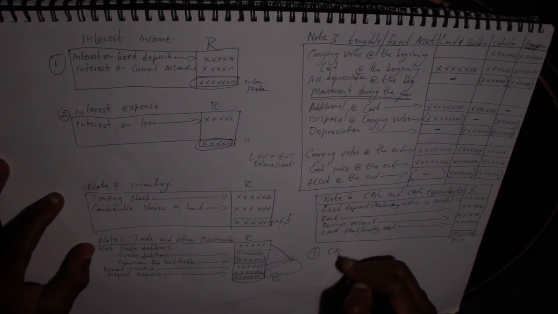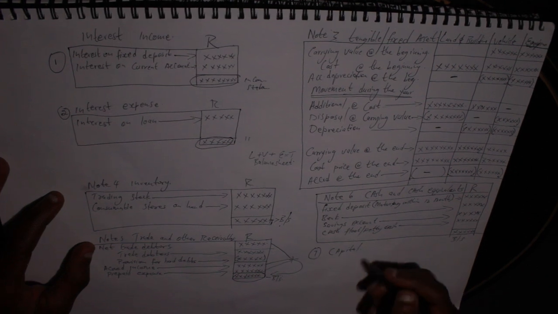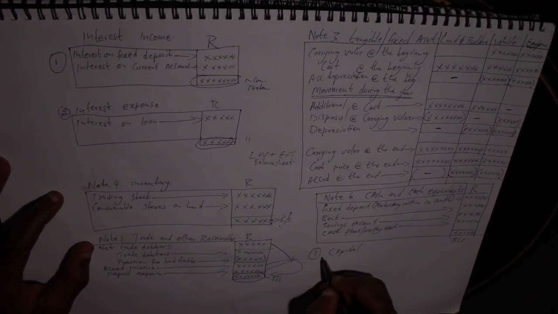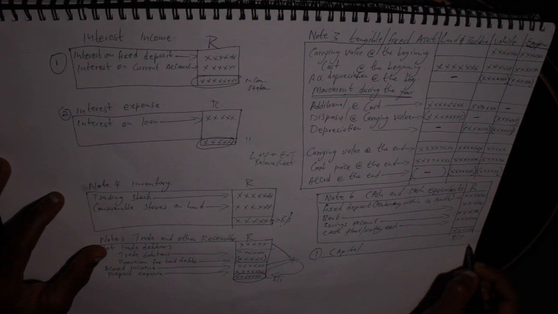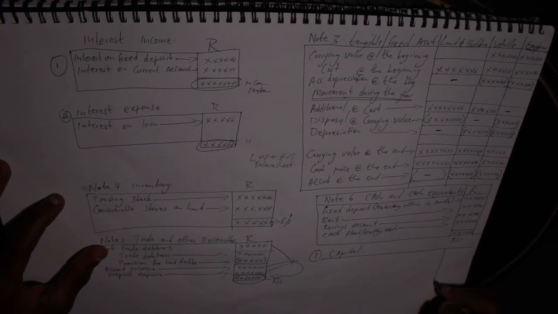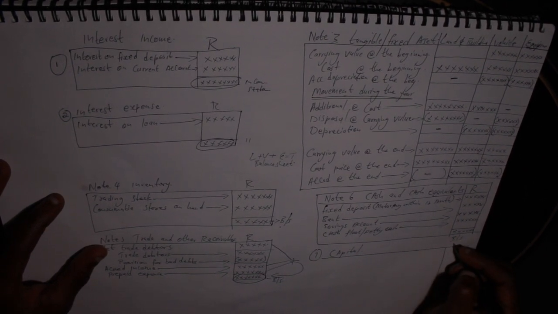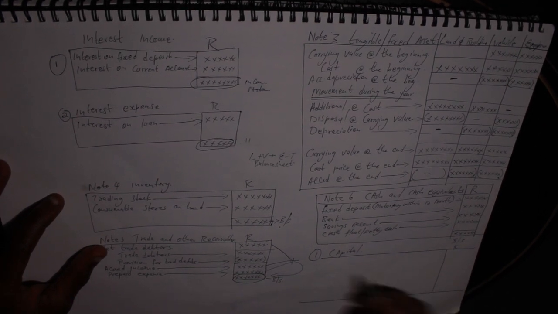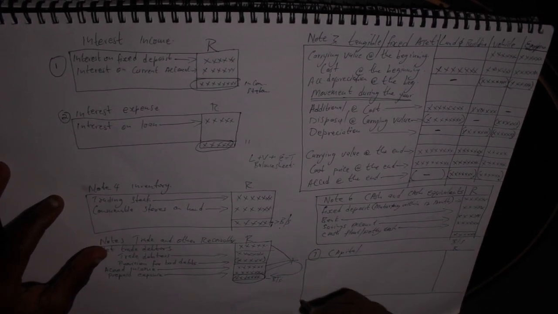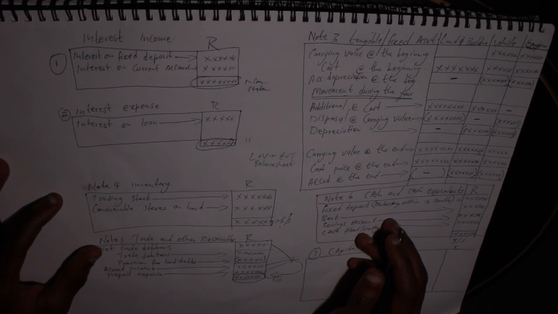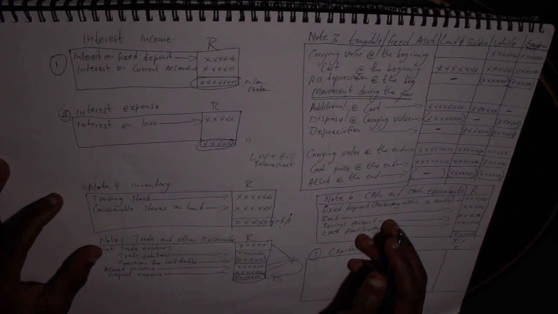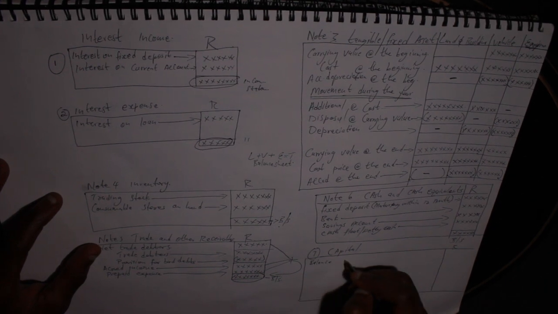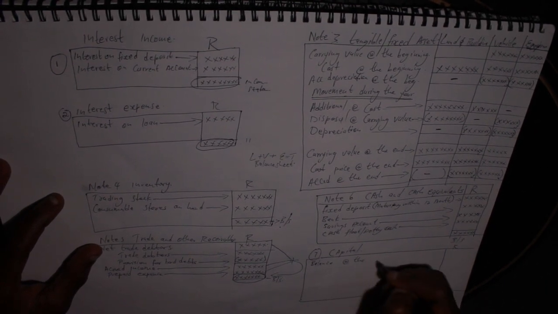Note number 7, we have capital. As we learn about capital all the time, capital is money to start the business. I'm going to do the same thing. This is note number 7. We have the column there for the amount, just to make it easy. The first item is the balance at the beginning of the year.